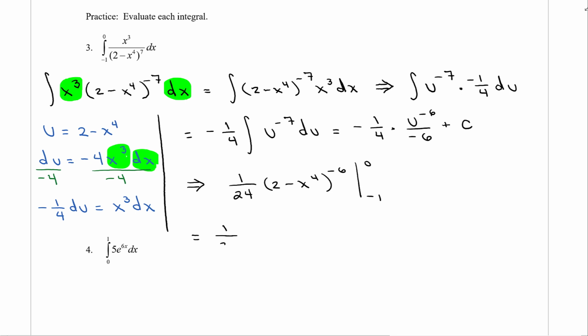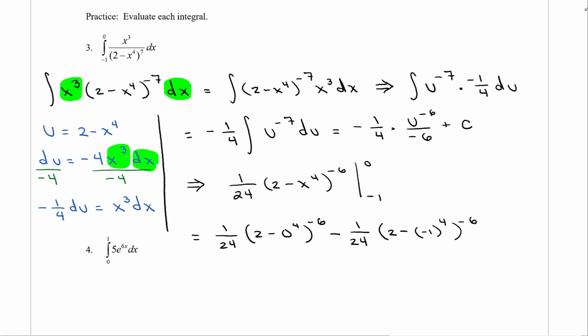We're going to open up a set of parentheses, 2 minus 0 raised to the 4th power, close the parentheses, raised to the negative 6th power, minus 1/24, open up a set of parentheses, 2 minus negative 1 inside a set of parentheses, raised to the 4th power, close the parentheses, raised to the negative 6th power.